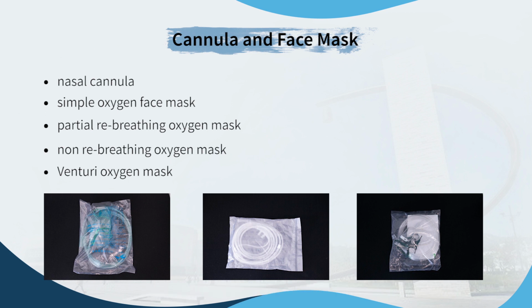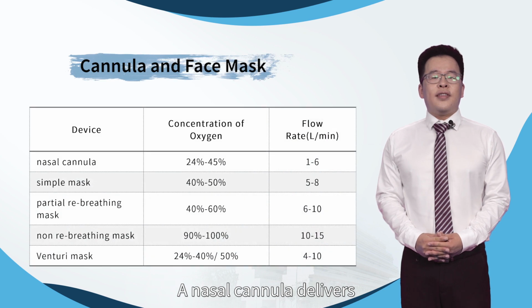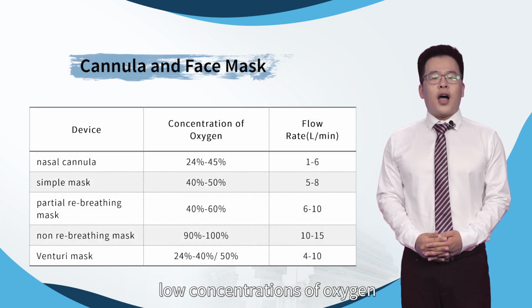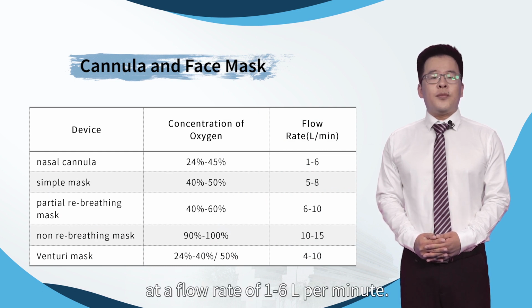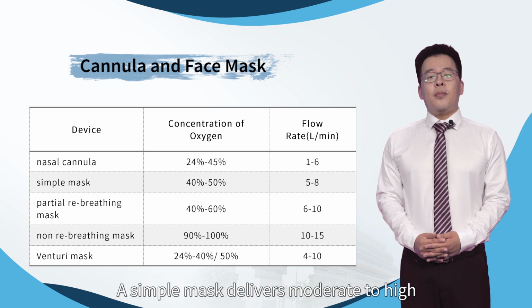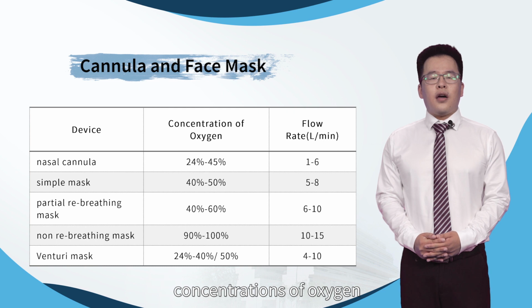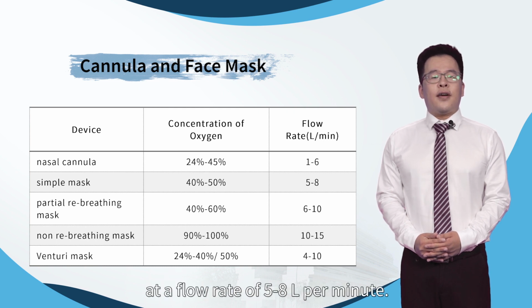A nasal cannula delivers low concentrations of oxygen, 24% to 45%, at a flow rate of 1 to 6 liters per minute. A simple mask delivers moderate to high concentrations of oxygen from 40 to 50% at a flow rate of 5 to 8 liters per minute.